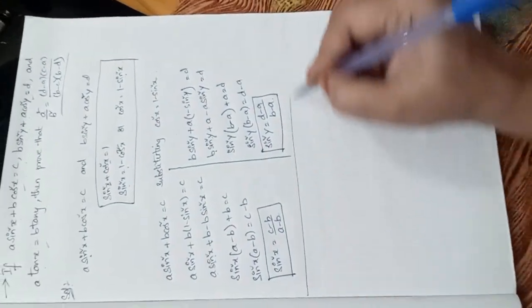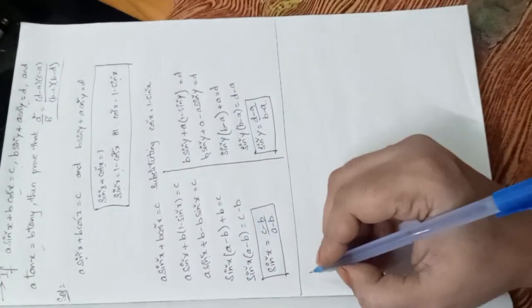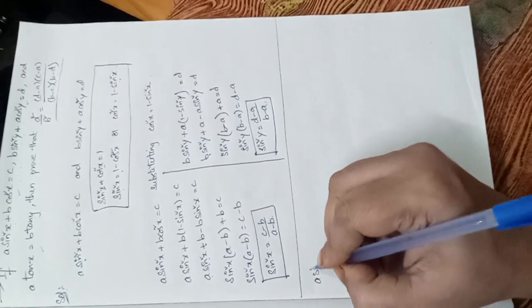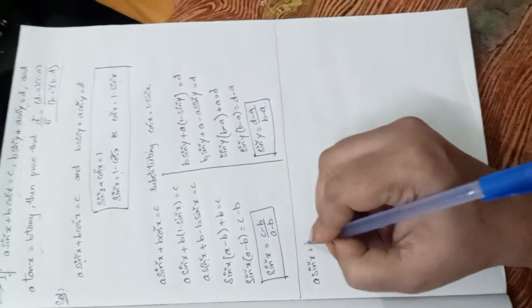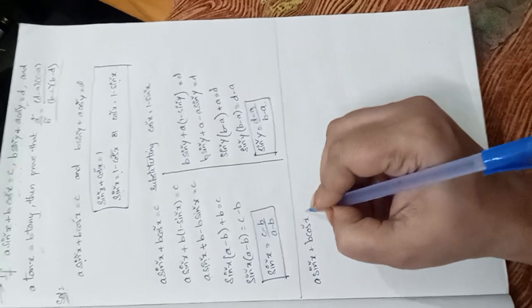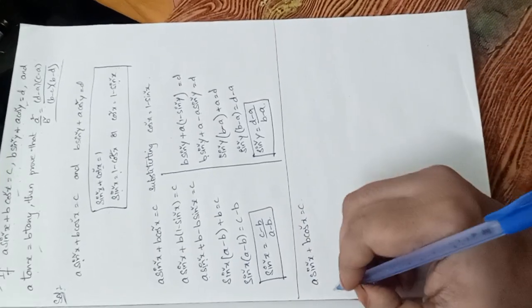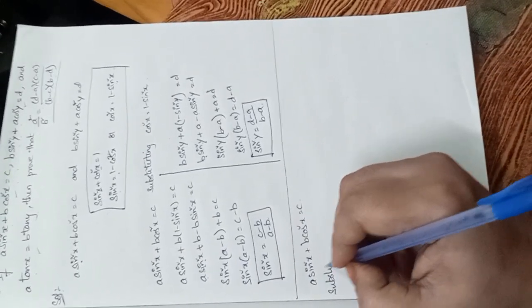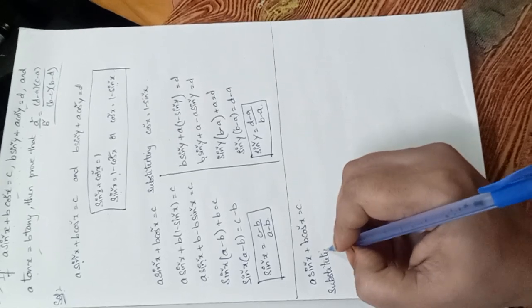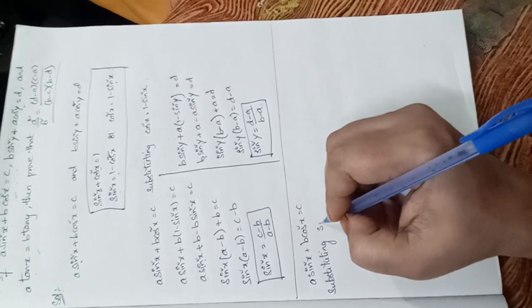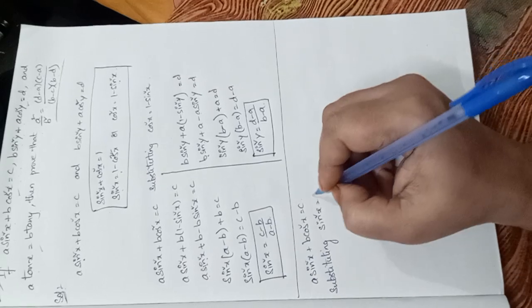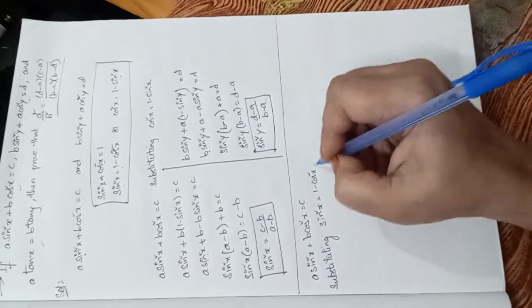Okay, so after this, I am considering again the two equations, a sin²x + b cos²x = c. Now substituting sin²x = 1 − cos²x, right?